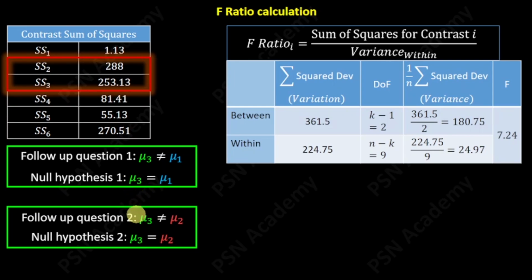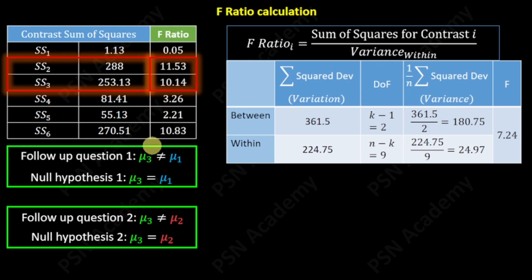Now, one by one, we have to find the answers. For follow-up question 1, we have to find the F ratio and all those things, and we will make a decision. After completing the whole decision, then we will start with follow-up question 2. It is not that follow-up questions 1 and 2 will run in parallel. You cannot do that, so let us go one by one.